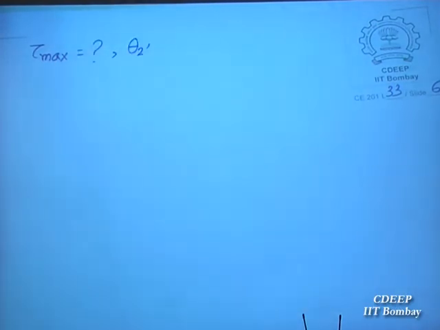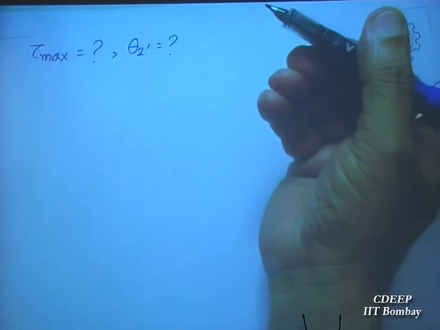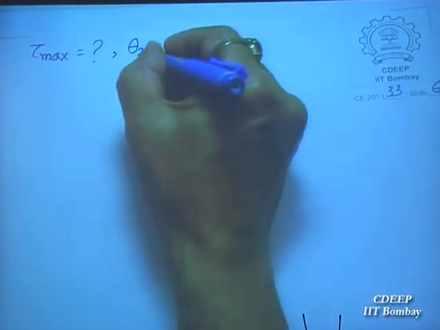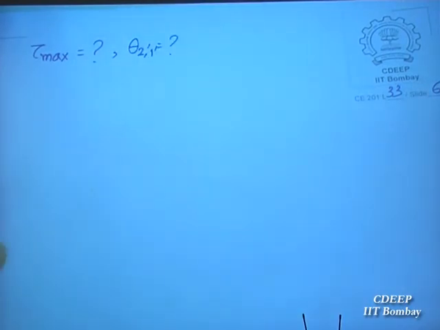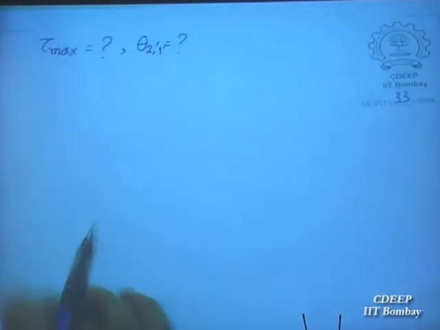Theta 2 dash. The dashes are 1 dash and 2 dash. So please find out what tau max is.